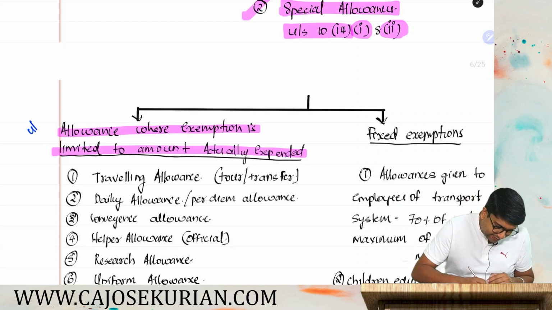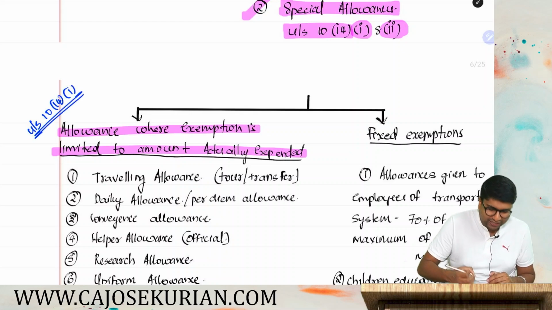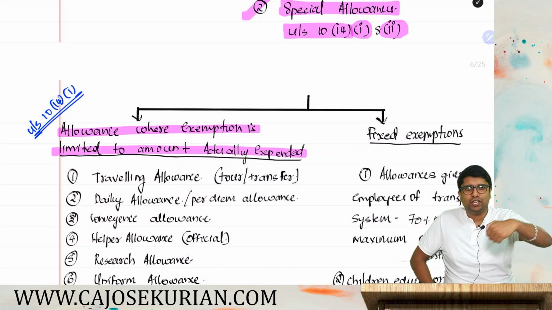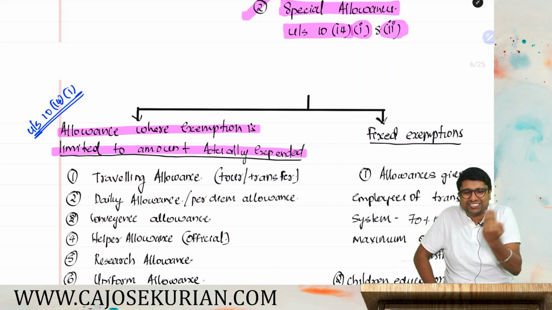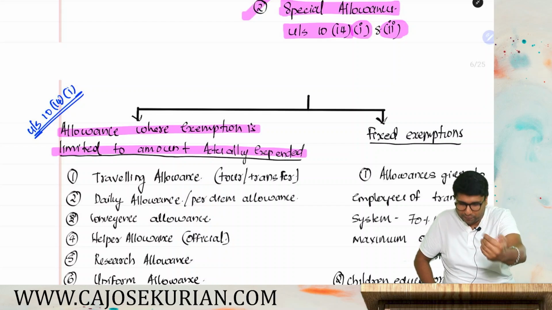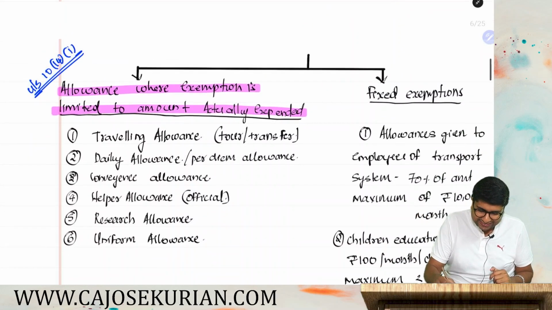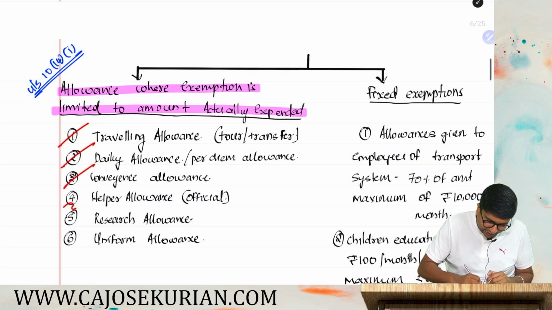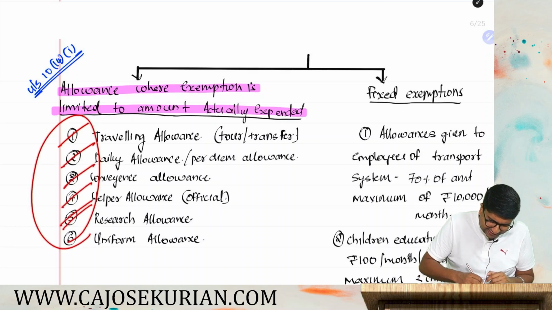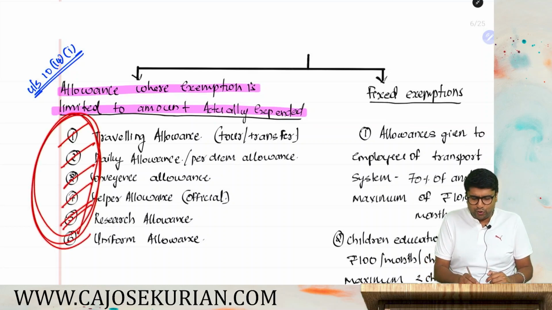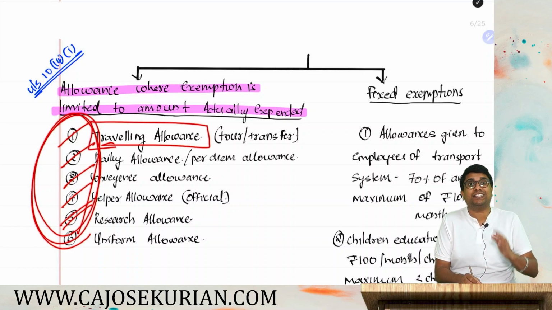So this is basically under section 10 subsection 14 clause number 1, where you can claim an exemption provided you have actually spent that respective amount for the respective purpose. Say for example, these 6 items: 1, 2, 3, 4, 5, 6. For these 6 items, if you want to claim an exemption, you have to spend that respective allowance for that intended purpose.